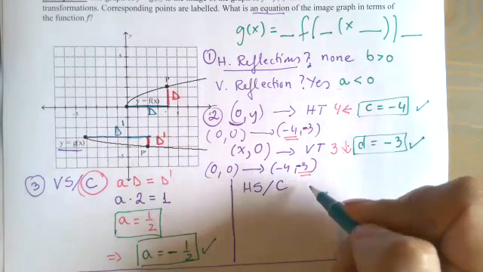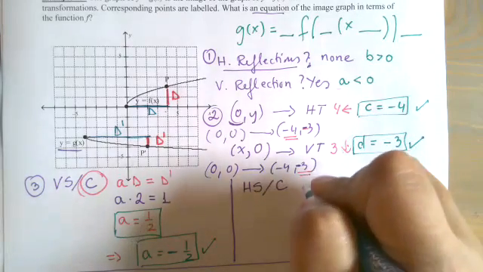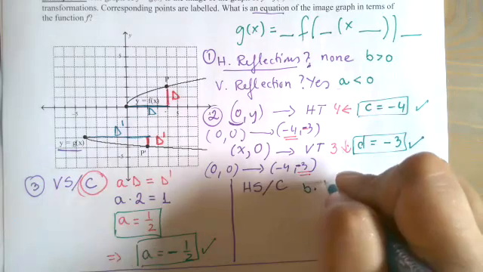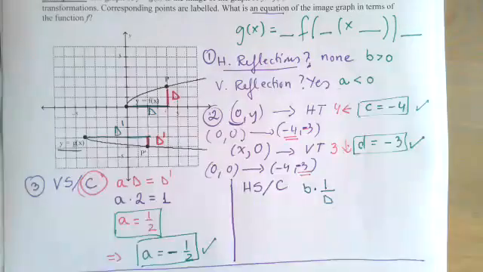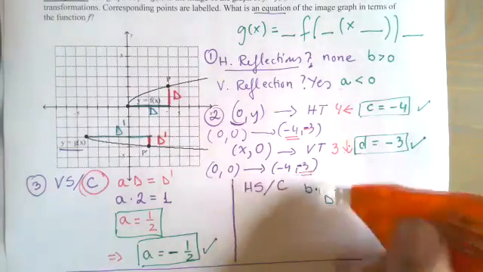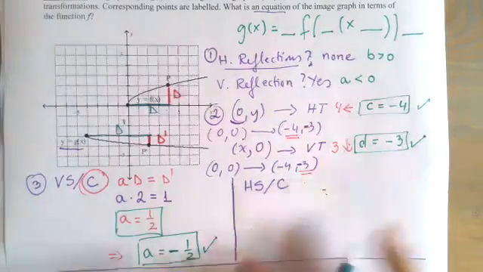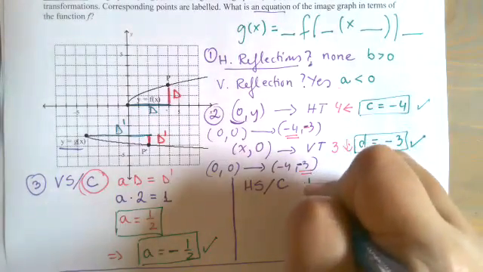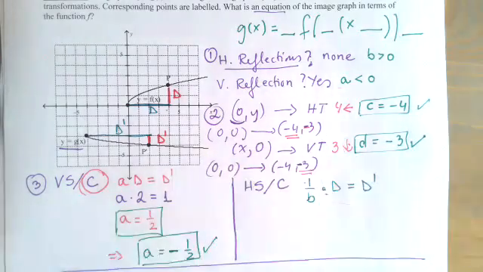Now the formula is similar with the way we treat the B value when we read it from the equation. We say B times the reciprocal of D, or the other way around. We can do the reciprocal of B because it's going to be easier for you to remember the formula, but it's going to be the same thing. We can say the reciprocal of B times D equals D prime.